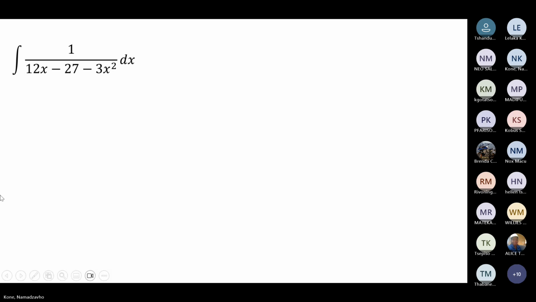Okay. Let's do it together. Can anyone give me this with a version either as the denominator, sum or difference between two squares only, not the final answer?